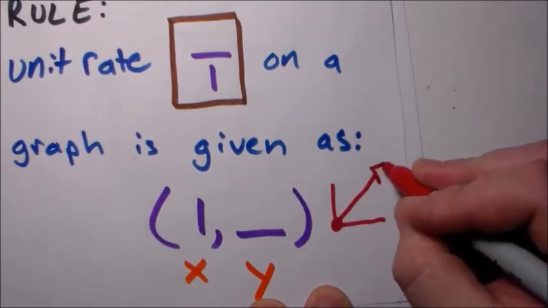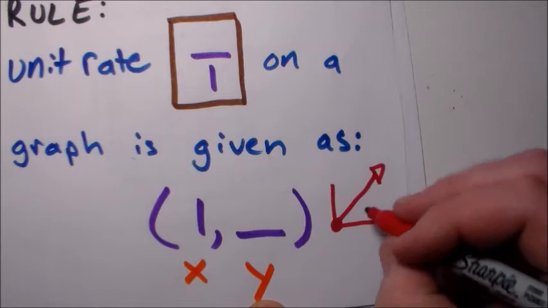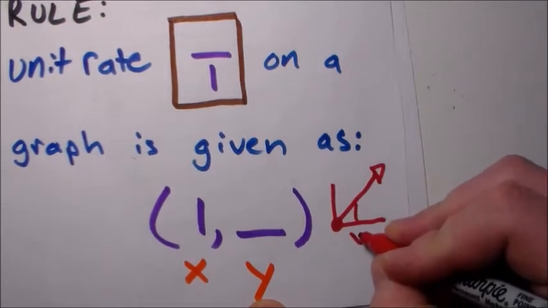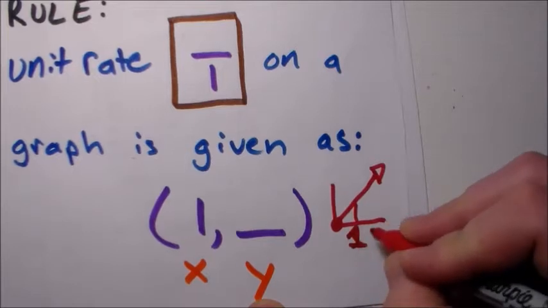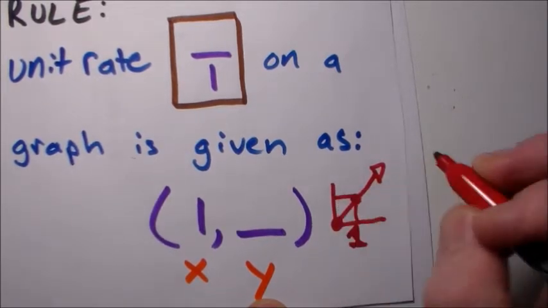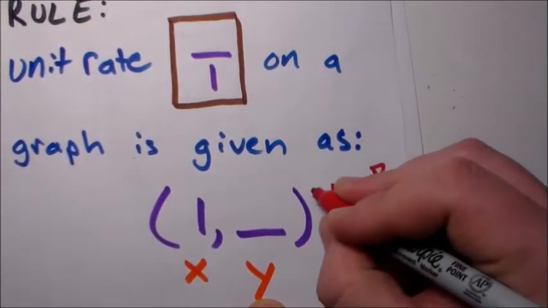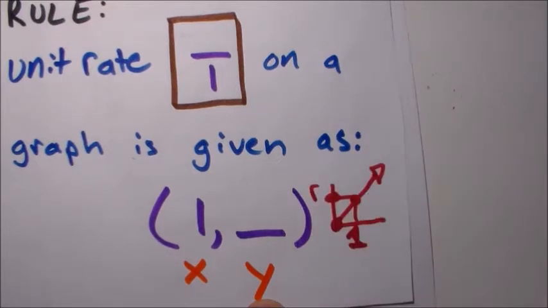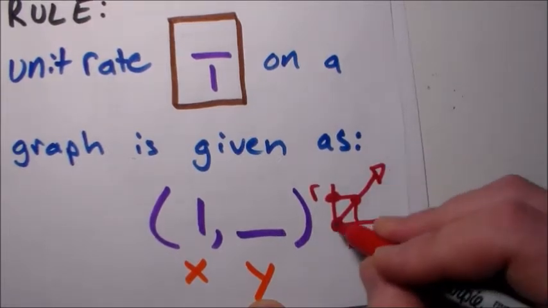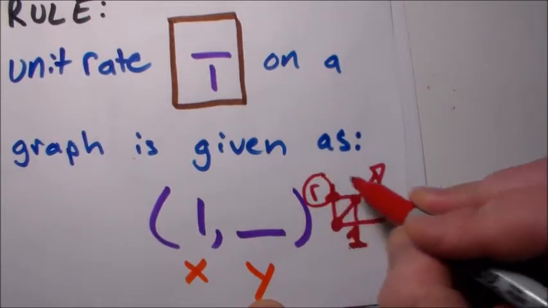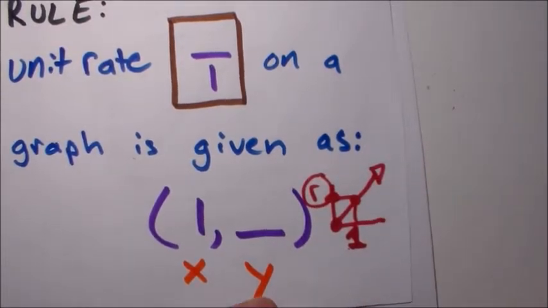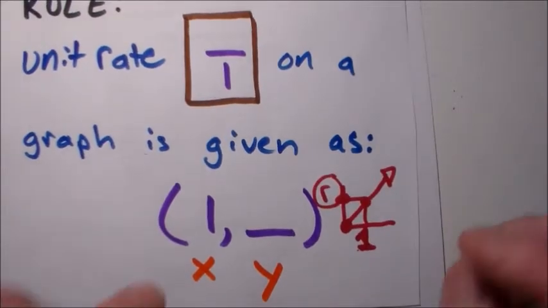There will be a straight line. At some point, that straight line will pass through value 1 on the x-axis, and whatever that equals on the y-axis, that's going to be r, your unit rate.